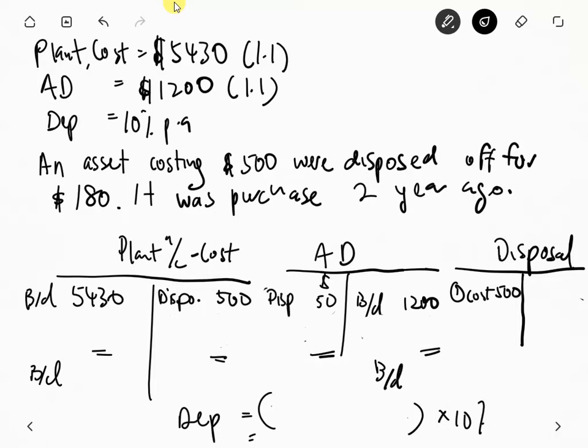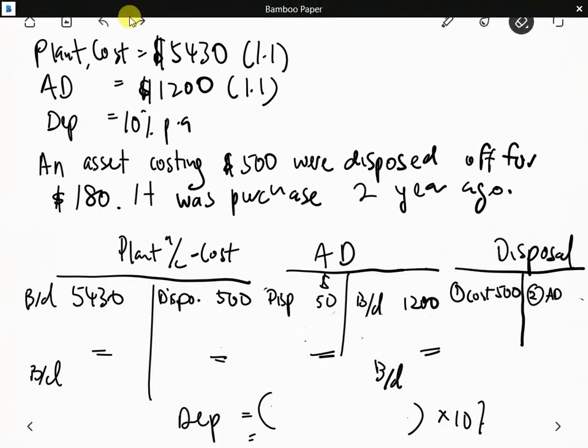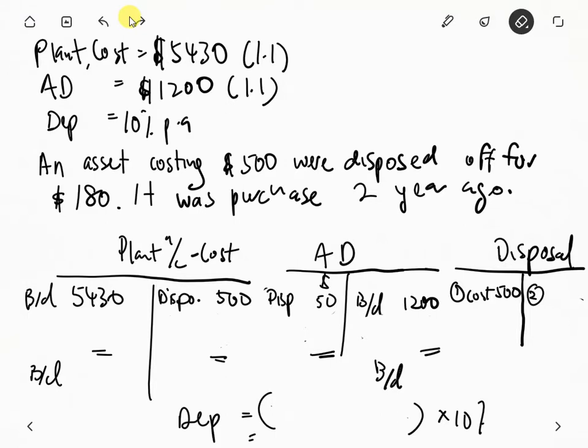Step 2. Step 3. Can I? 100, 100. Two years, 50, 50 means 100 lah.